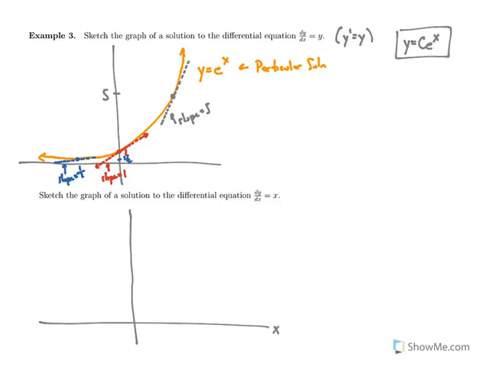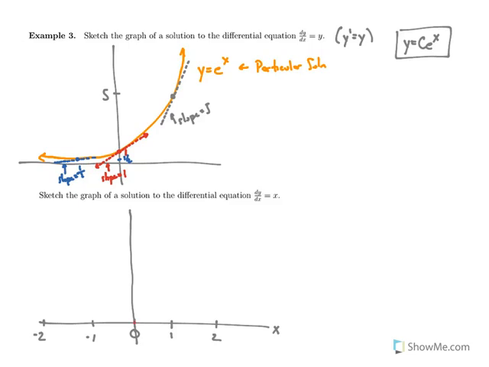So here we're going to look at different x values. Let's look at 0, 1, 2, -1, and -2. And we're saying at these points, the derivative should be equal to the x value.